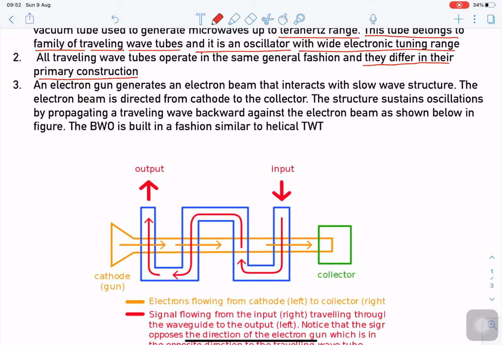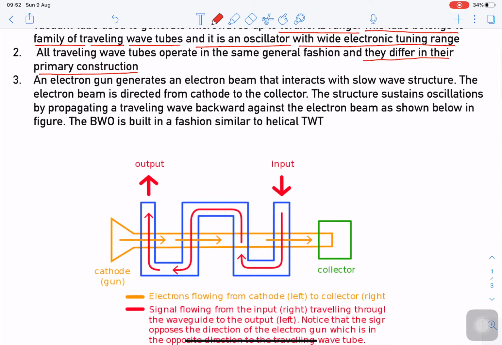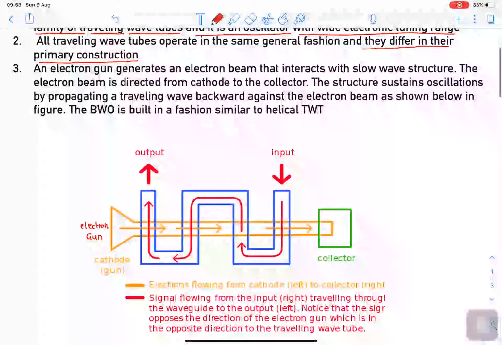Say here we have an electron gun. Electrons are produced by heating a cathode, which is shown over here. So the electron gun starts from the left hand side. The source of the electron gun is a heated cathode. The electron gun generates the electron beam that interacts with a slow wave structure. Now here, where is our slow wave structure?